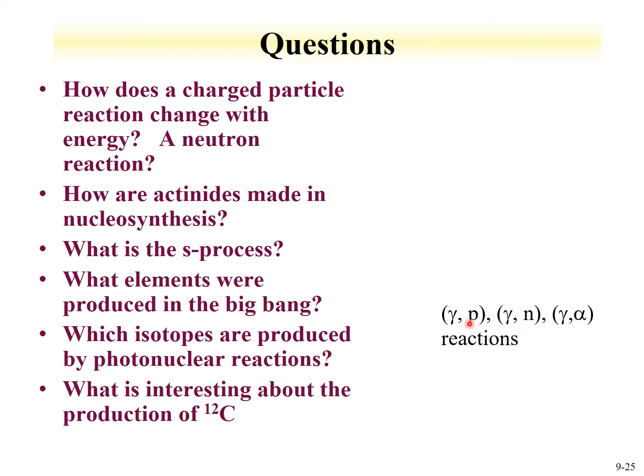So that would be decreasing the Z by 1, removing a neutron, so decreasing the A by 1, or removing an alpha particle, inducing an alpha-like reaction. So isotopes that are produced, one of the answers would be, well, those isotopes that are close to the target, either within 1 or 2 Z less.